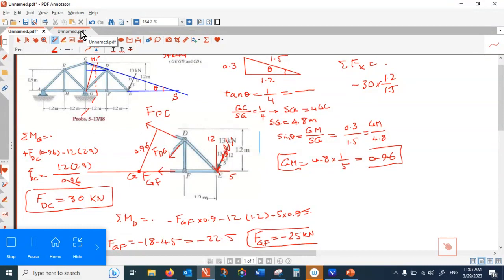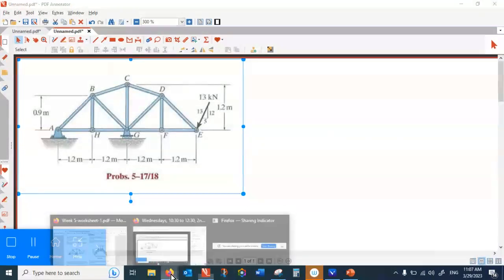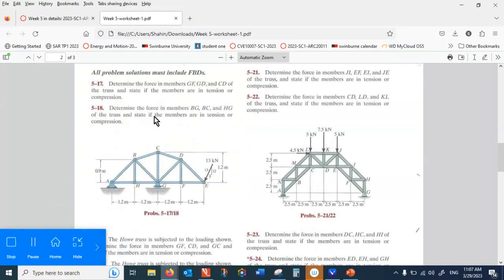Let's move to the next one, that is problem 18. 18 is the same structure, but it's asking for different calculations. 18 is asking about BG, BC, and HG.